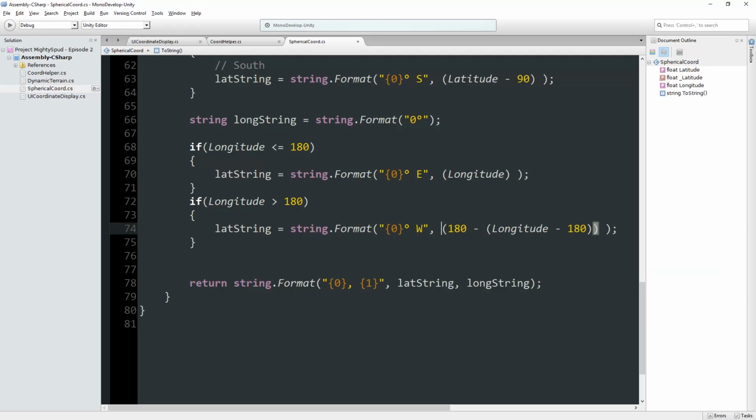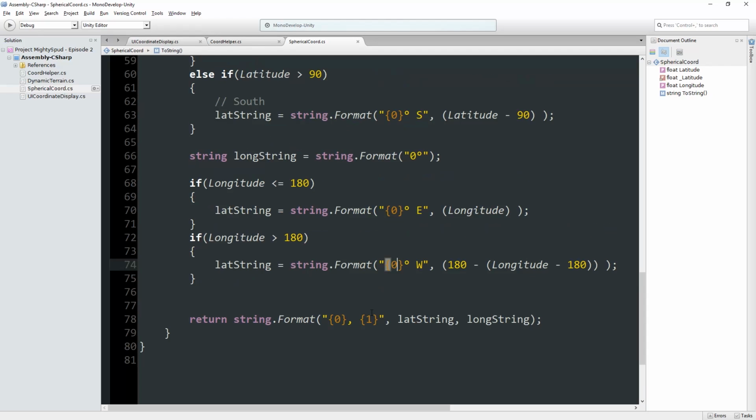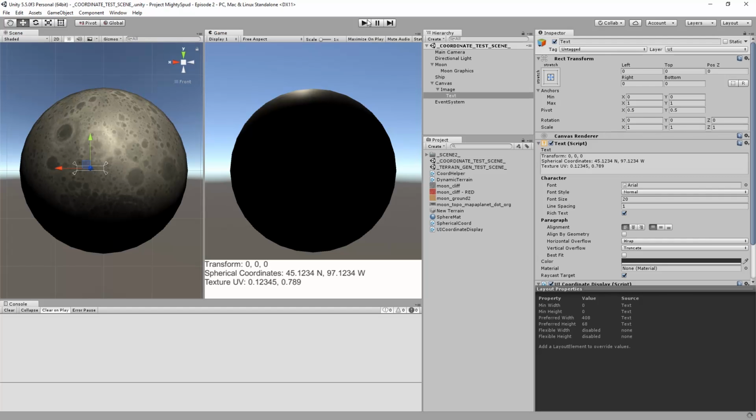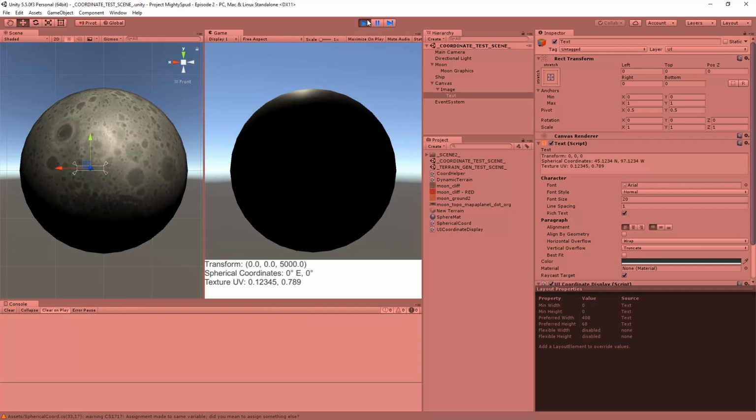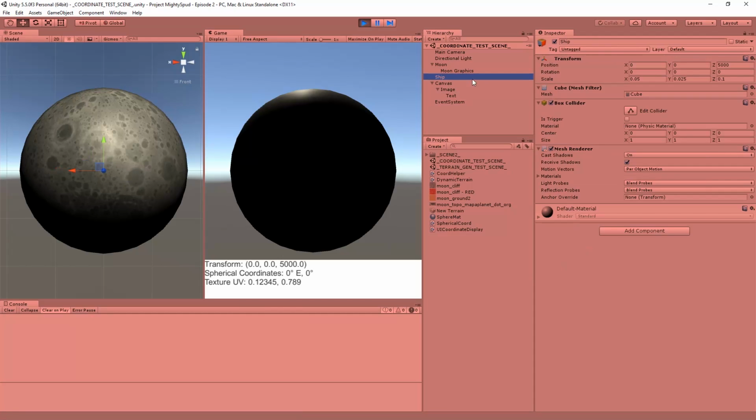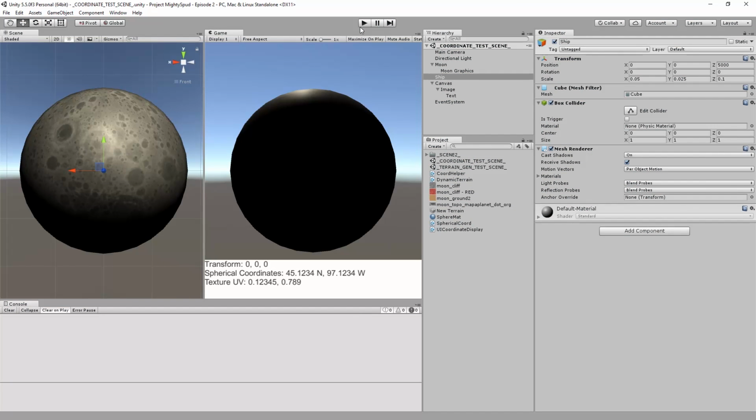So this bounds it from 0 to 180. That inverts the logic. So that's the west side of it. And we put those two in there. So now it's going to be in the standard Earthican style if we hit play, which is different from the way that it's displayed, but that's okay. So now our ship is, right, that is correct at 0 degrees.